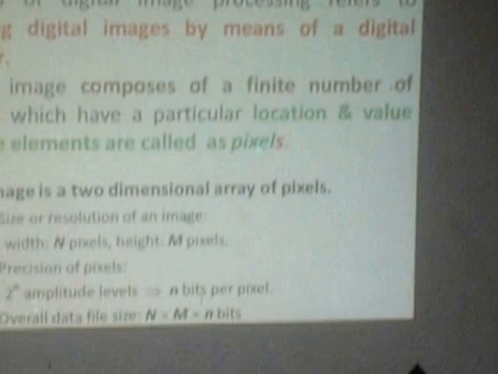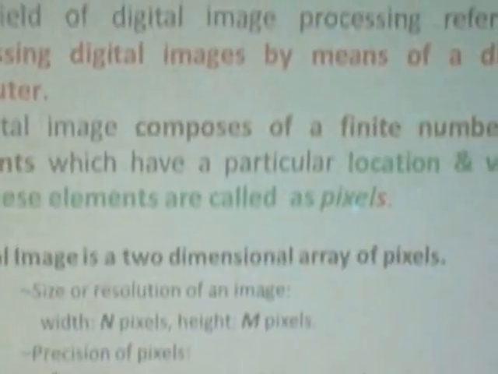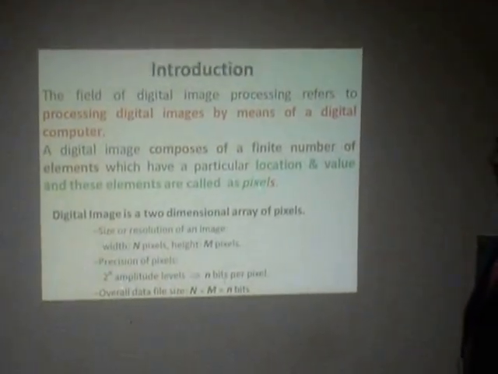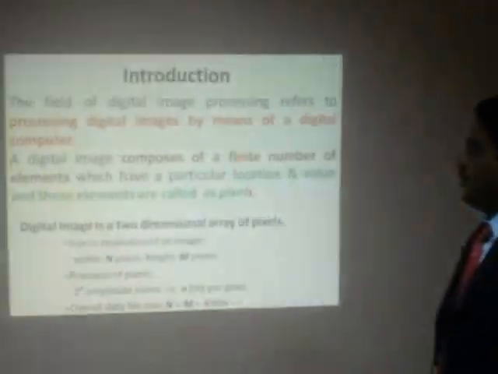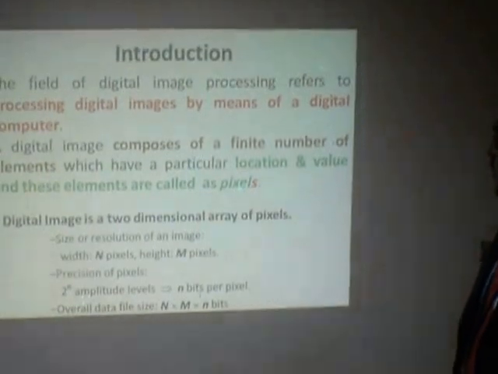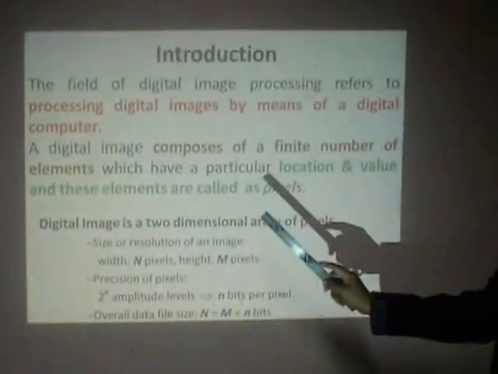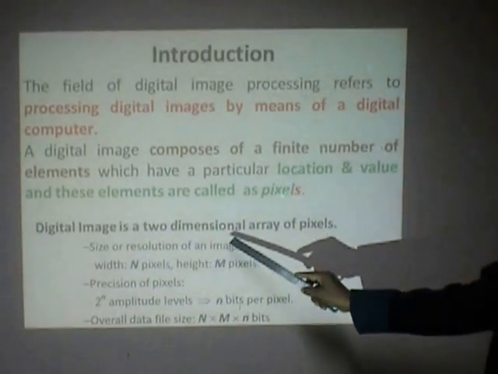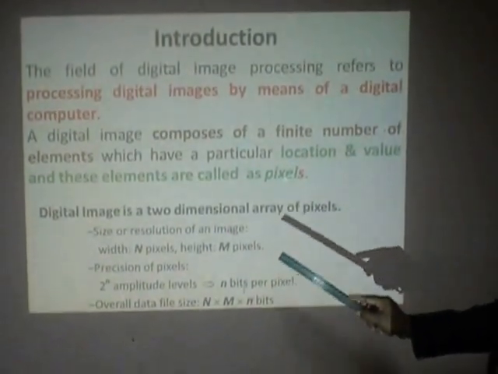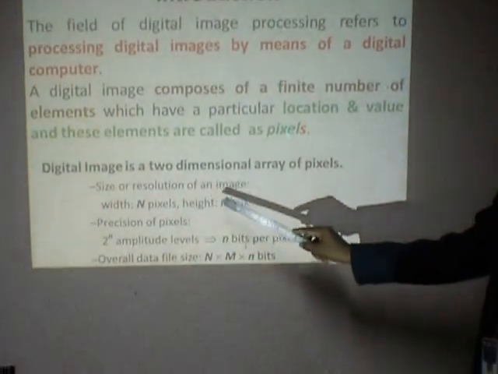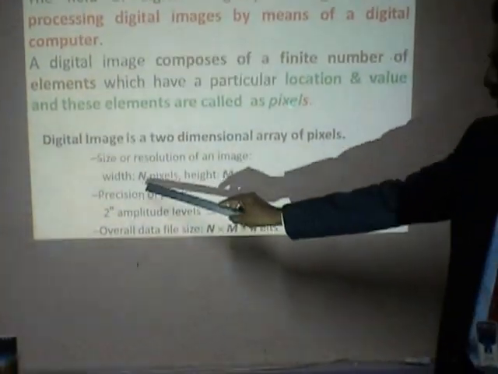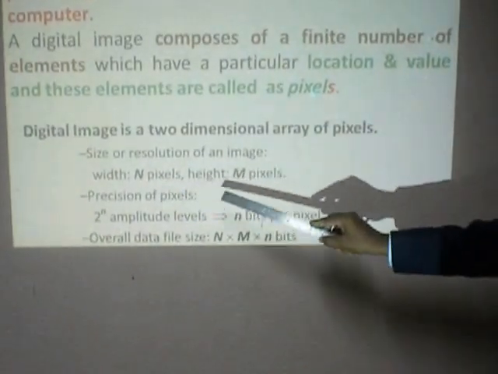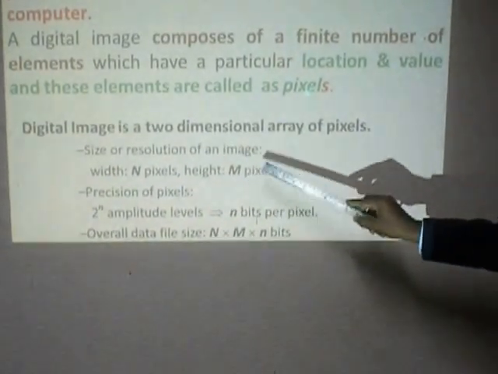The field of digital image processing refers to processing digital images by means of a digital computer. A digital image is composed of a finite number of elements which have a particular location and value, and these elements are called pixels. A digital image is a two-dimensional array of pixels where the size or resolution of an image is defined by width and height, where width is given by n pixels and height is given by m pixels.